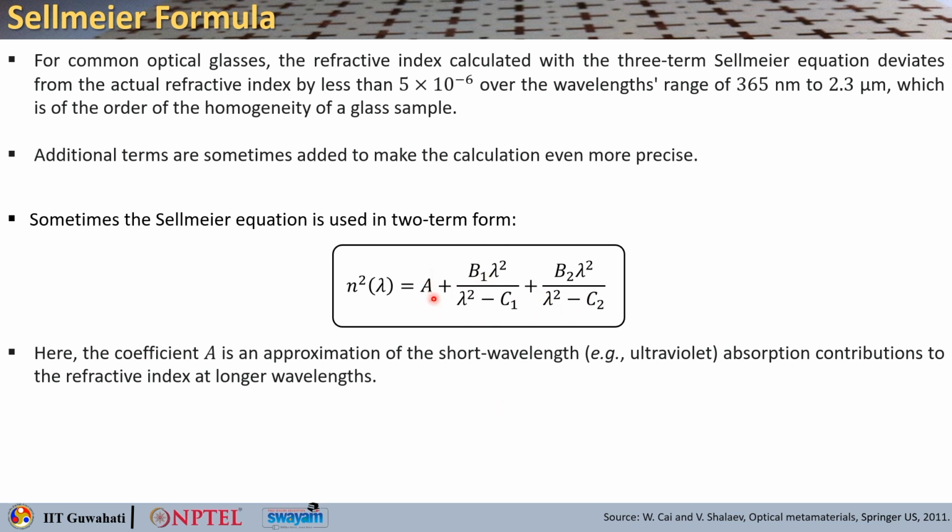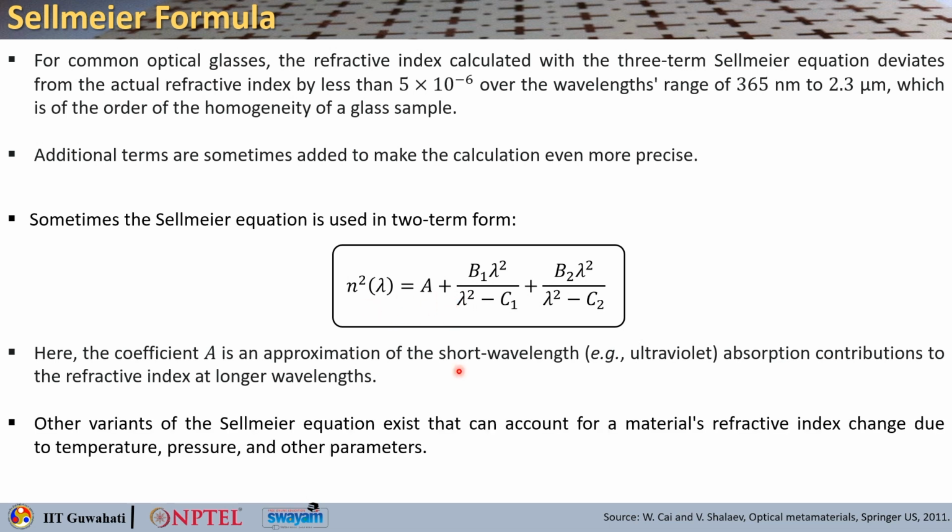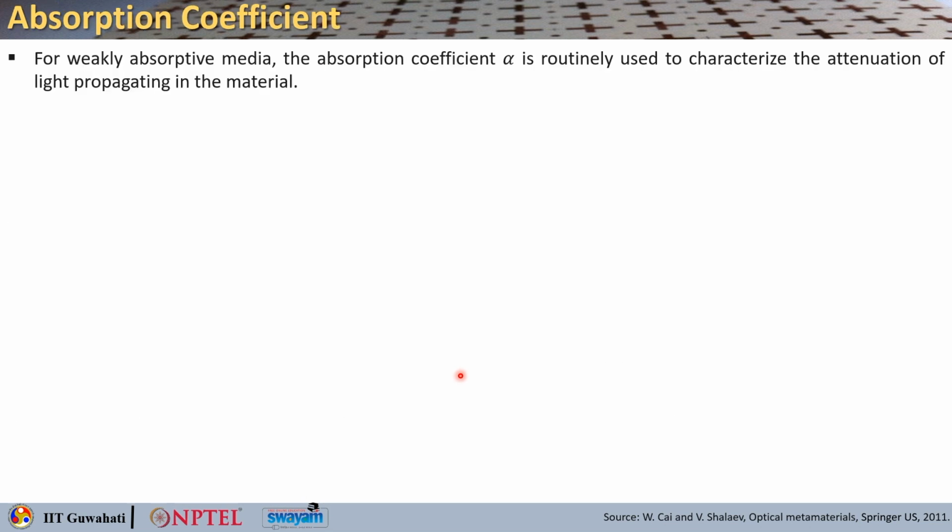There is a new coefficient a that is used as an approximation of the short wavelength, like ultraviolet absorption contribution, and that contributes to the refractive index at longer wavelengths. Other variants of the Sellmeier equation also exist that can account for the material's refractive index change due to temperature, pressure and any other parameters.